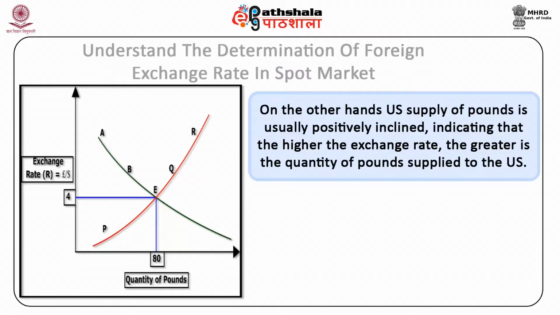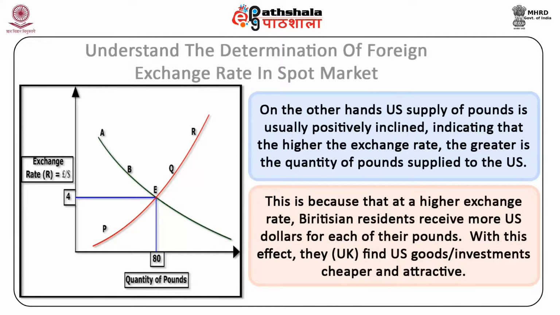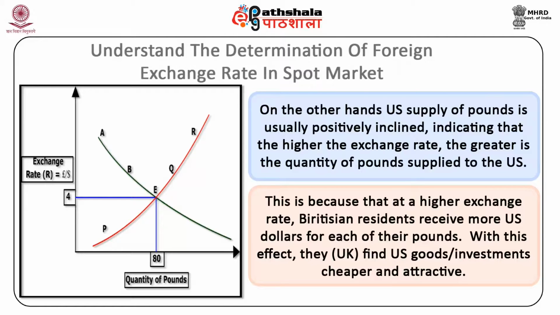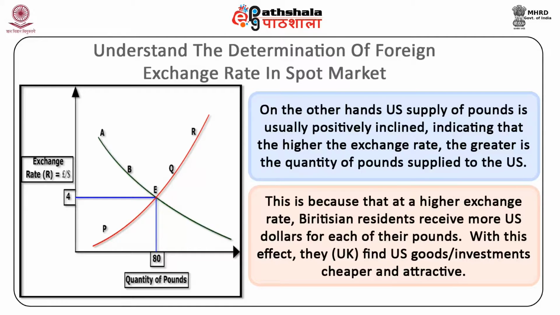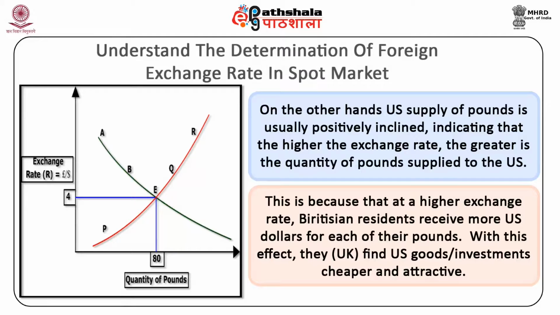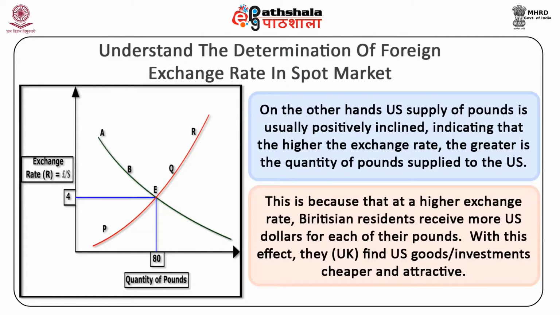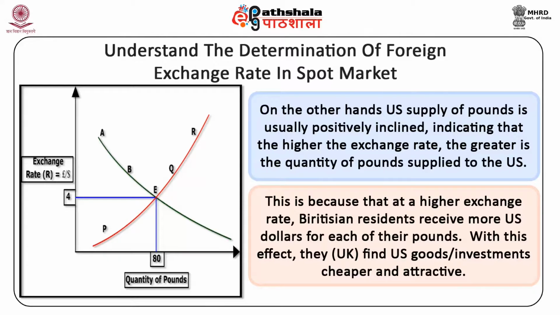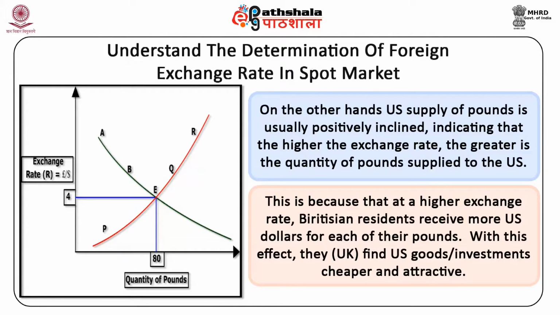This is because at a higher exchange rate, British residents receive more US dollars for each of their pounds. With this effect, they, that is the UK, find US goods or investments cheaper and attractive.